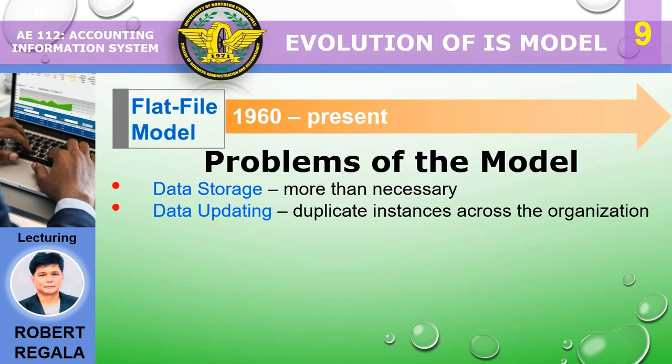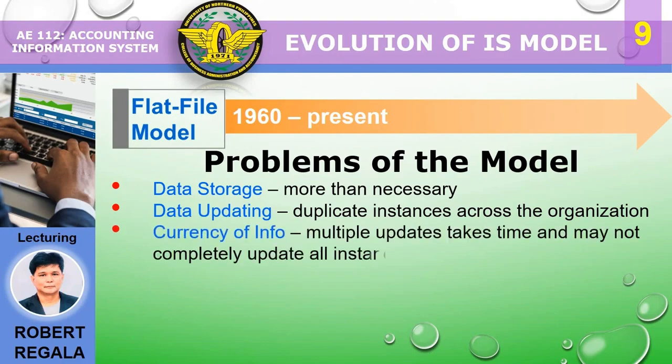This adds significantly to the task and the cost of data management. 3. Currency of information. In contrast to the problem of performing multiple updates, is the problem of failing to update all the user files affected by a change in status. If update information is not properly disseminated, the change will not be reflected in some users' data, resulting in decisions based on outdated information.